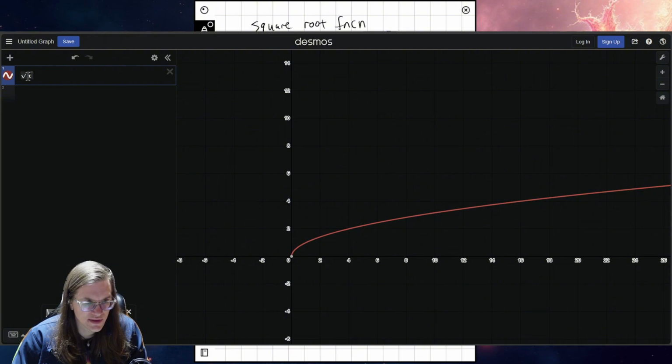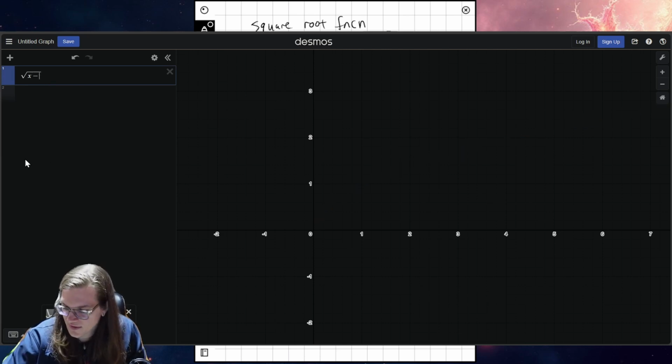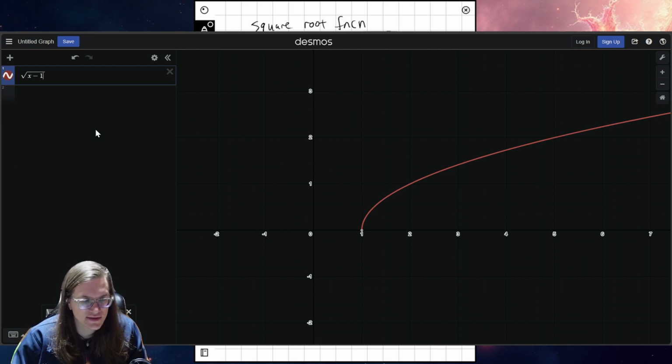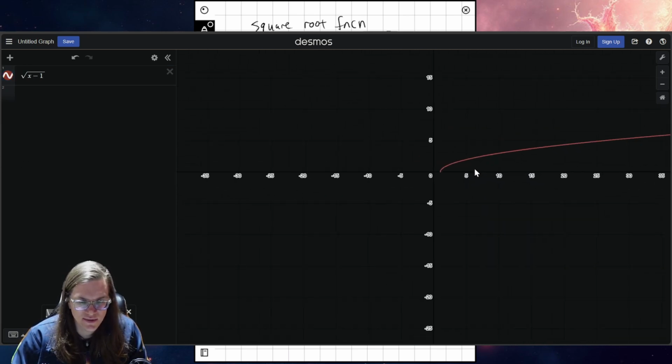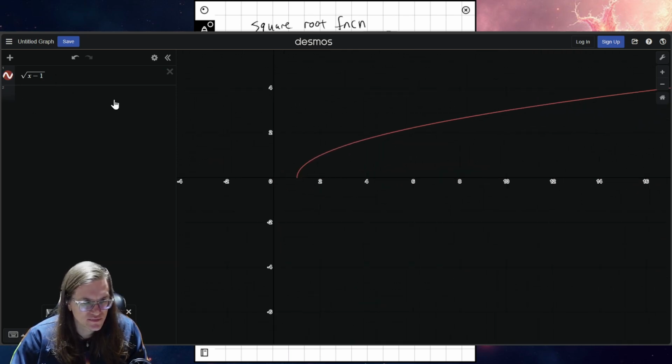You can just type in any function you've heard of or thought of, and it will instantly be graphed here on Desmos. And then you can see you can manipulate it in certain ways. The square root of x minus 1 looks like this. It's that basic square root function, but shifted to the right one.